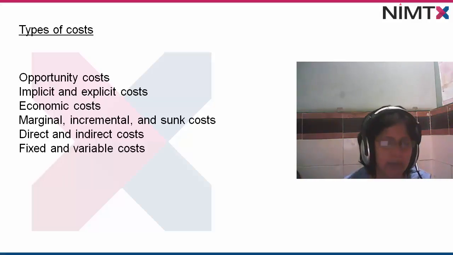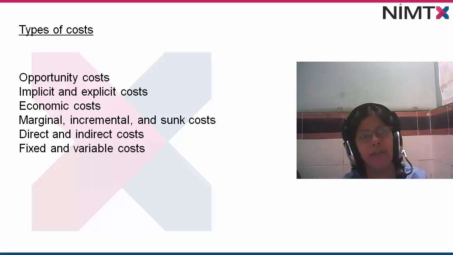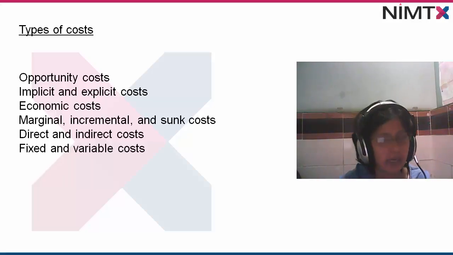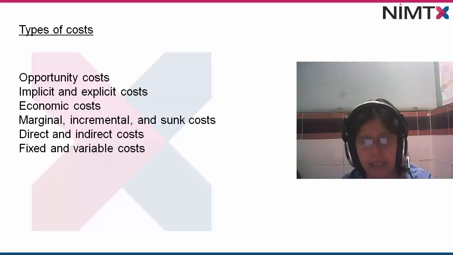The second one is implicit and explicit cost. Generally we are unable to find the implicit cost because it will not be added into our cost part. It is the basic amount of expenditure which we used.